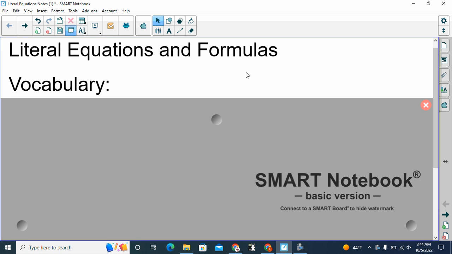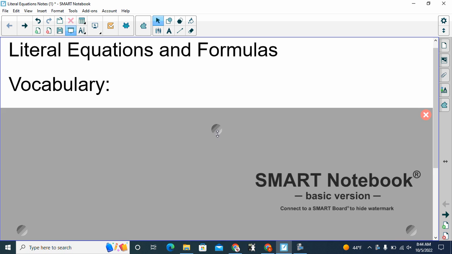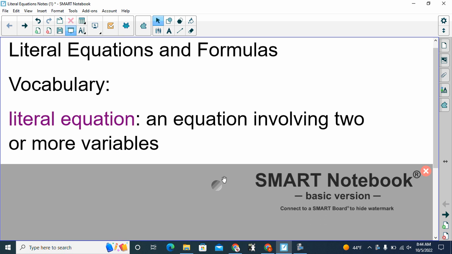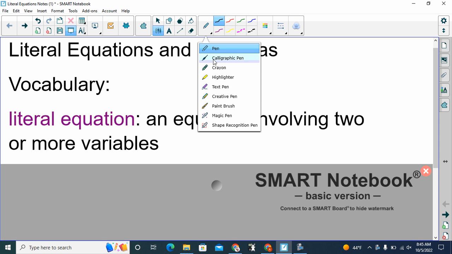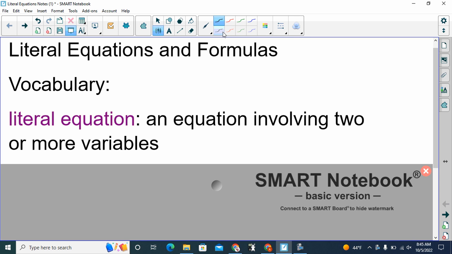We will define each of these terms, starting with literal equations. A literal equation is an equation, so it has an equal sign, involving two or more variables. If we have two or more variables, then it is a literal equation. So we've been solving lots of equations. 3x plus 2 equals 11.